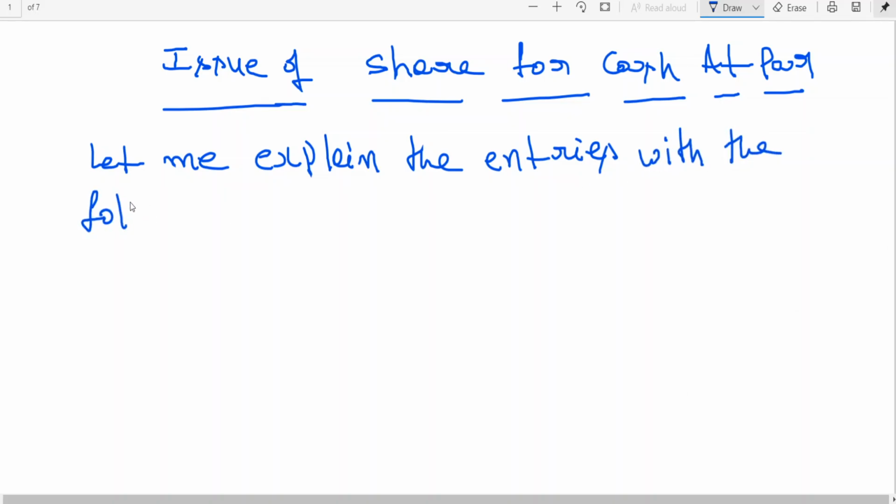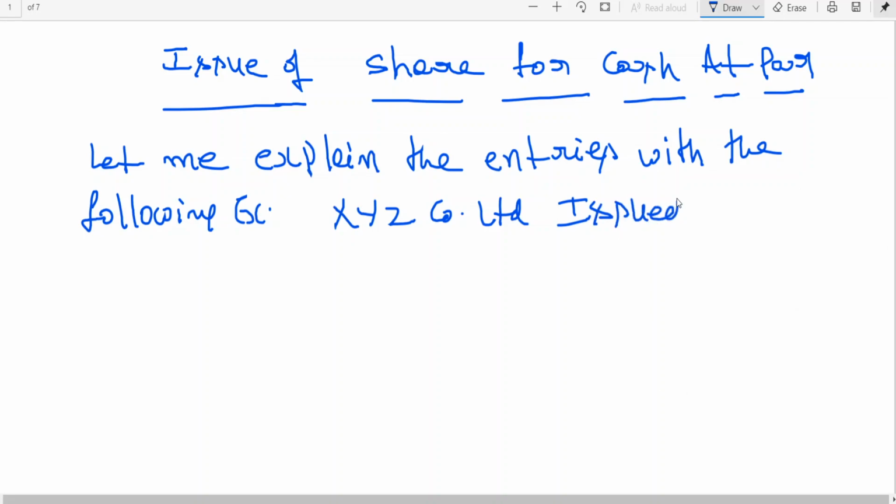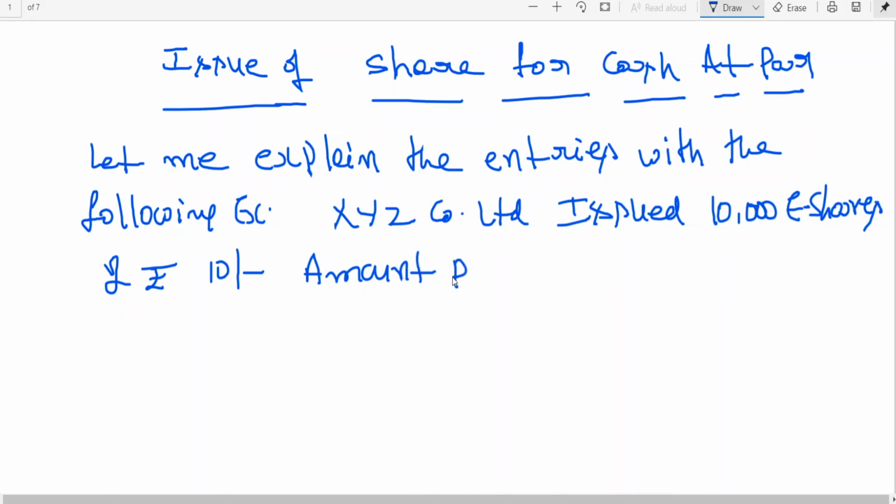The following example: XYZ Company Limited issued 10,000 equity shares of 10 rupees each. Amount payable will be as follows.